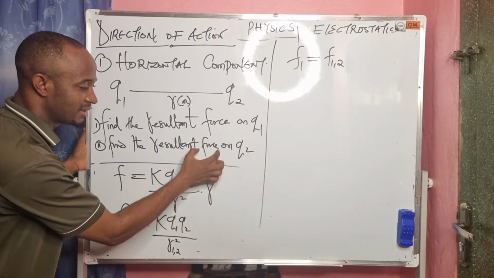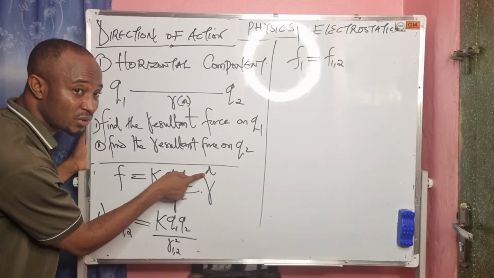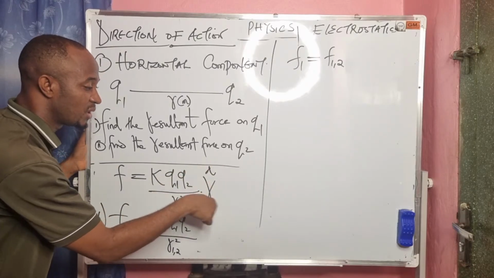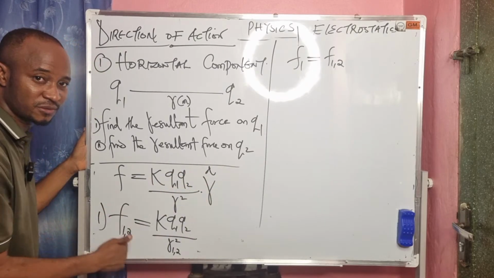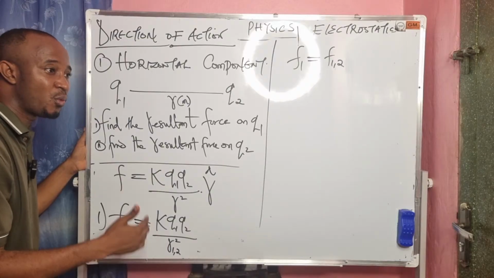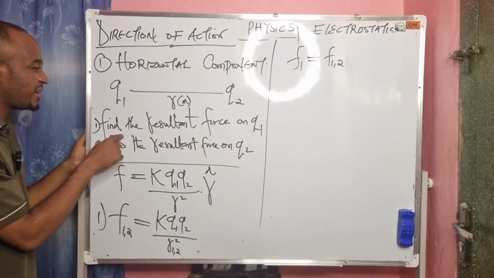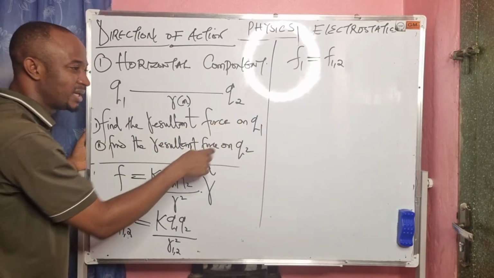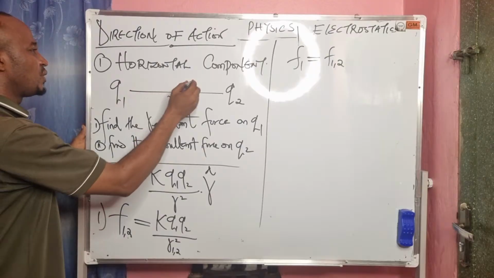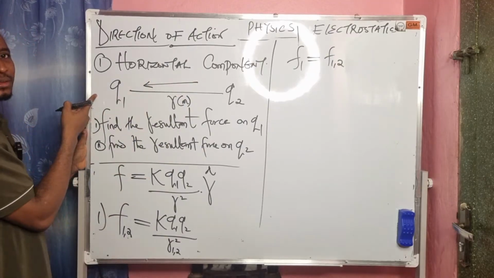This sign means unit vector. The unit vector shows the direction of action. It means, where is the force acting towards? Since we are asked to find the resultant of the force on Q1, the force is acting towards Q1.